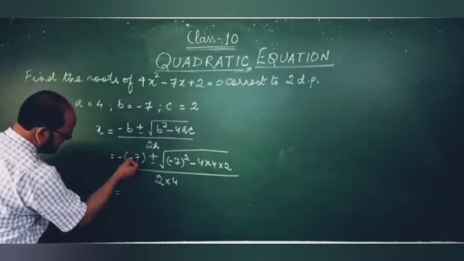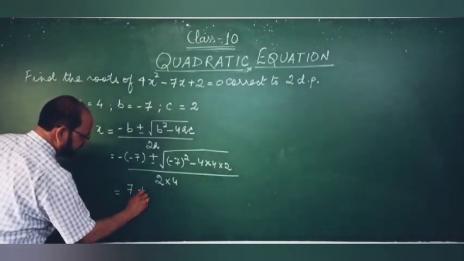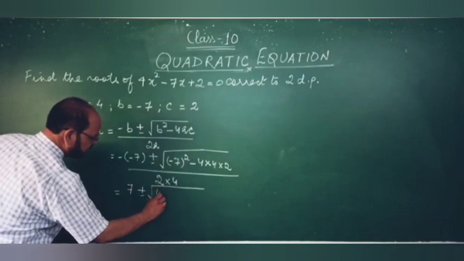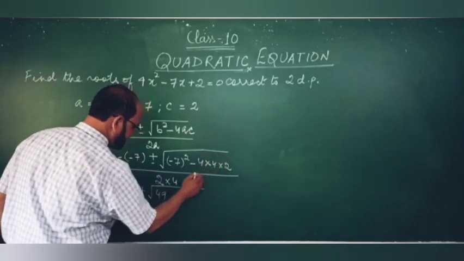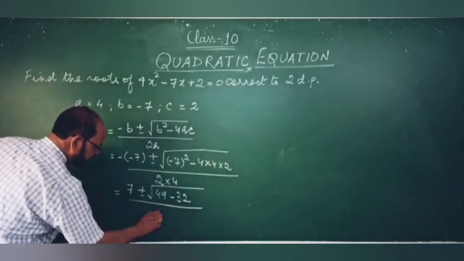Negative and inside also negative, both negative signs will become positive, so it is 7 plus minus. (-7) square will give you 49, and here 4 4s are 16, 16 2s are 32, upon 2 4s are 8.